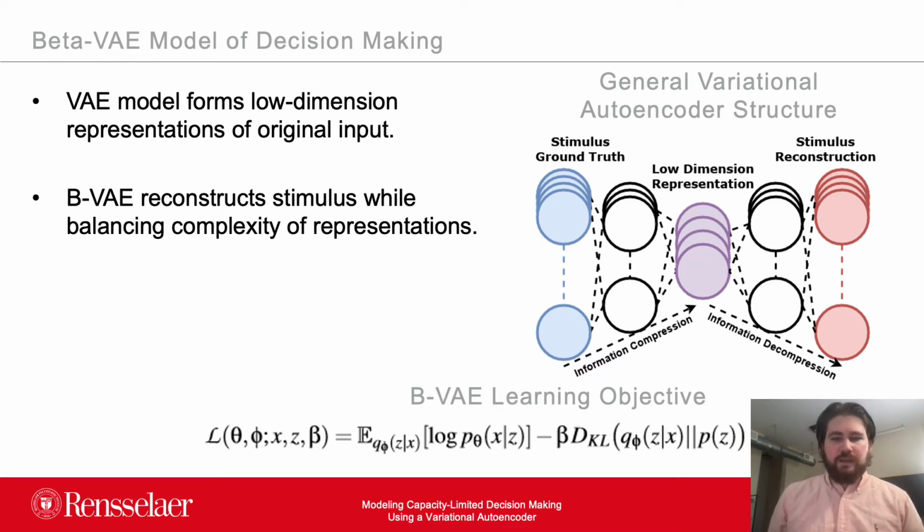The first term in this loss function is analogous to the stimulus reconstruction accuracy, and the second term is analogous to information complexity. There is a beta parameter which controls the degree of the information bottleneck. As beta goes to 0, the model is only constrained by the network structure in an information theoretic sense, and as beta increases, the information bottleneck becomes more constrained.